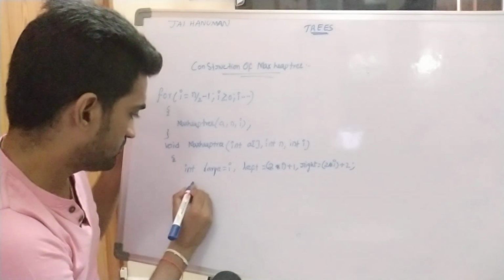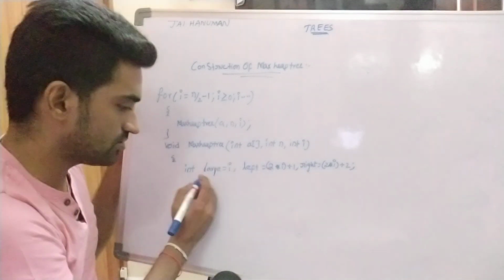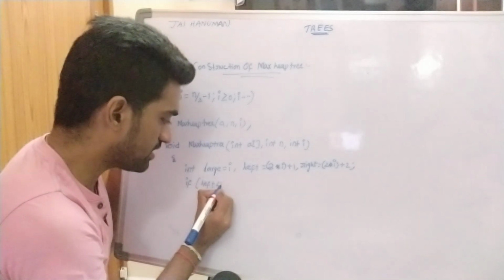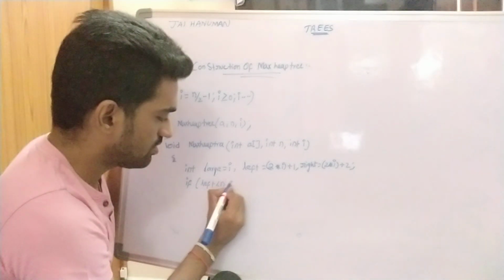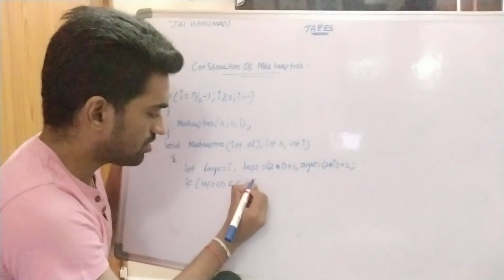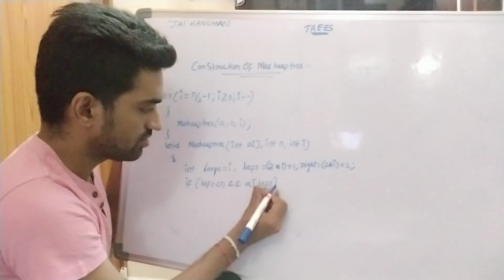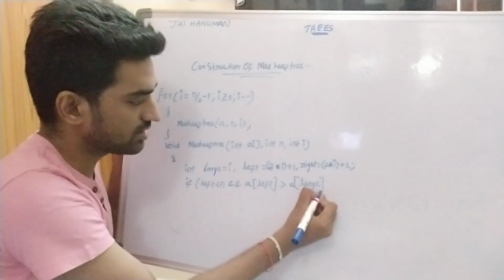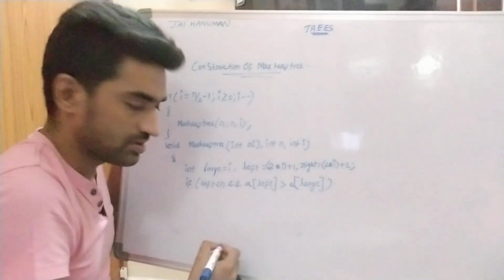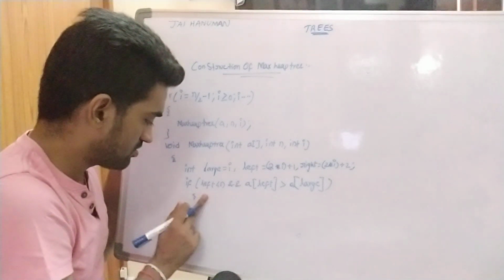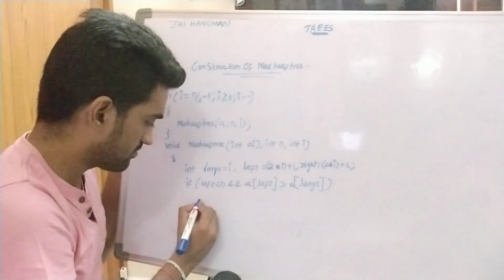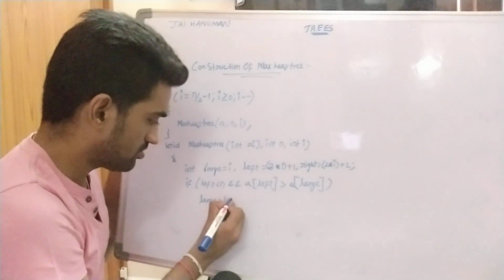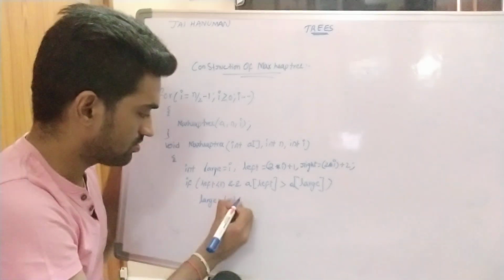After setting all the values, we check one condition: if left less than n, logical and of a of left greater than a of large, then we set large is equal to left.